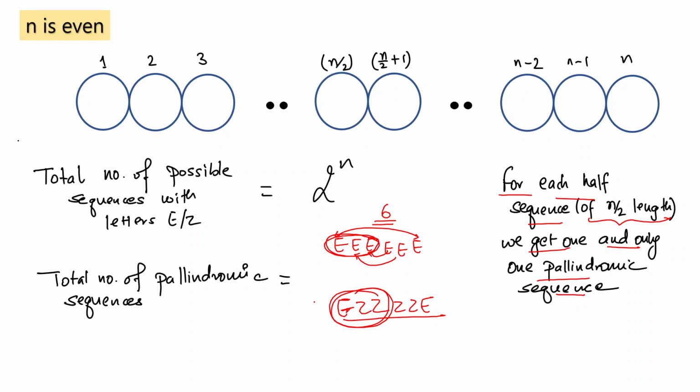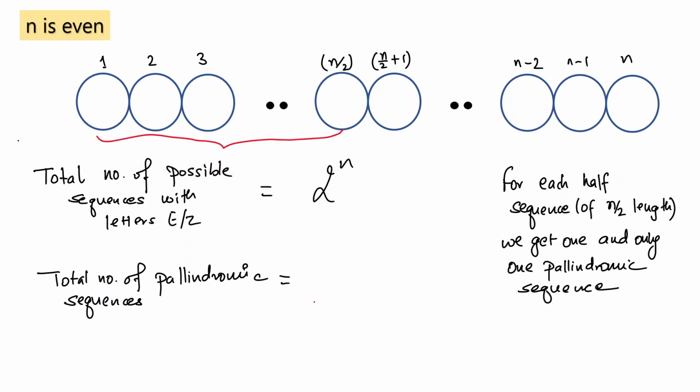So we are thinking just about how many sequences of n by 2 length we can make. Of course, 2 to the power n by 2. And from each such sequence, we can make one palindromic sequence of length n. I know it's a little bit of a condensed video, a lot of information, but verify it on your own with smaller numbers. So the total number of palindromic sequences we get is 2 to the power n by 2.